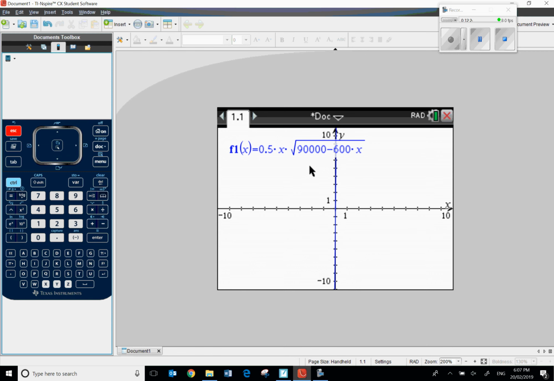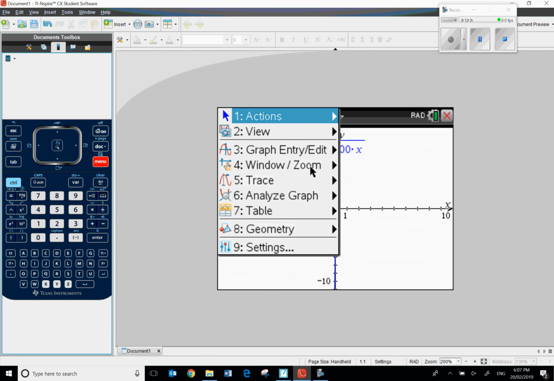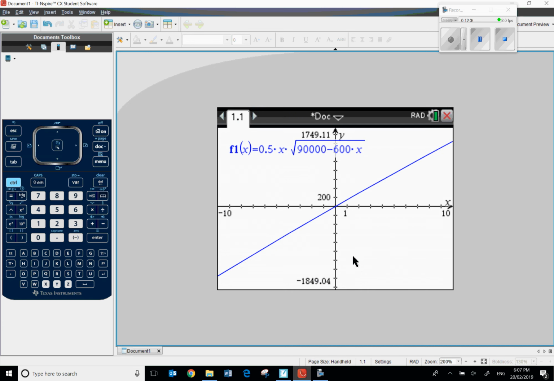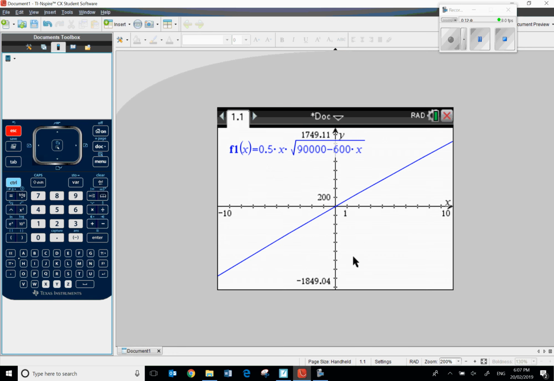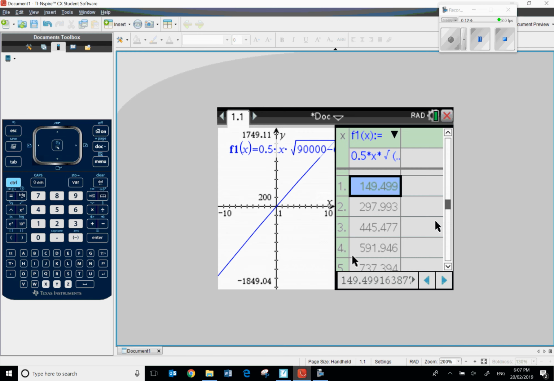In those situations, what you could do is either go to your window and do a zoom fit, and that comes up, which is still not a lot of help. Otherwise, what you could do is go to your table, Control T, and look at some of the values and go, well, we're at hundreds here, keep going down.